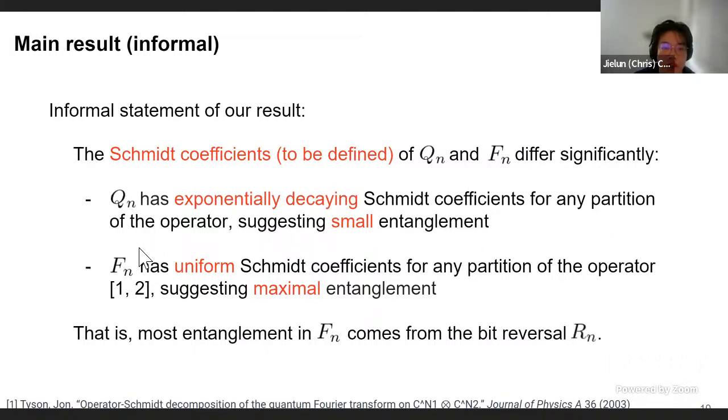This is our work. And the Fn, where we include the bit reversal, actually has uniform Schmidt coefficients for any partition of the system. This was done previously in these two papers, which suggests maximal entanglement. So most of the entanglement in the full Fourier transform operator comes from the bit reversal. It's not the part where you have the recursive structure.